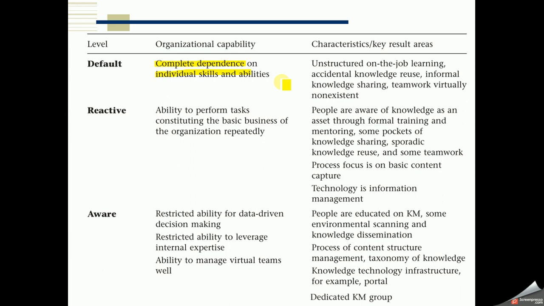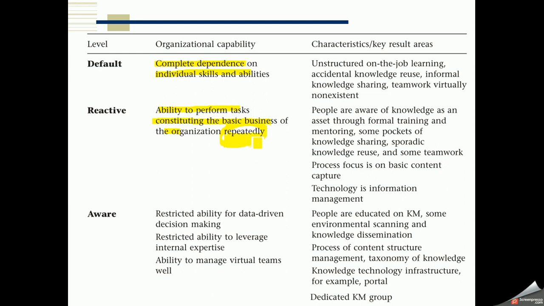As we saw in the previous culture, people are making decisions on the fly. So we do not have any leadership or structured flow of information from top to bottom, but it is individual based. In reactive, there is the ability to perform tasks constituting the basic business of the organization repeatedly.